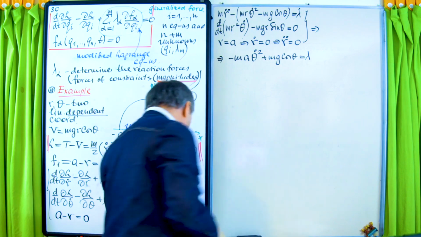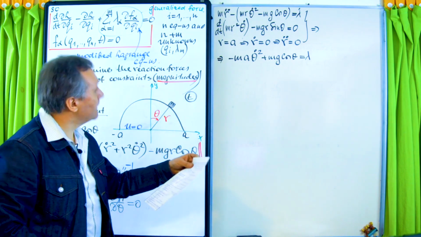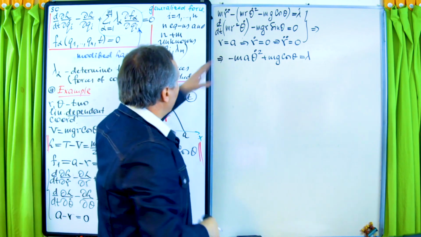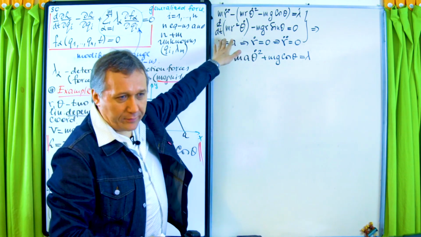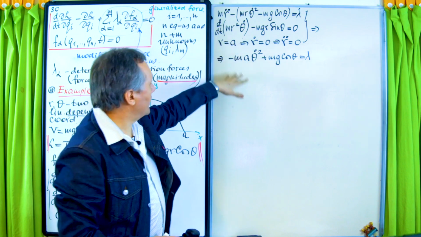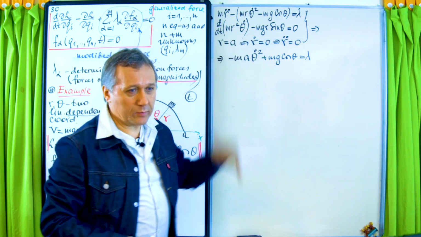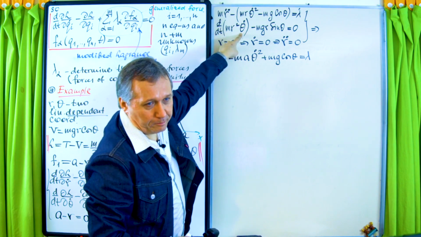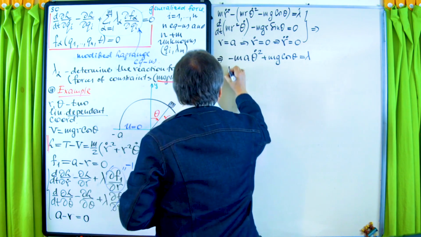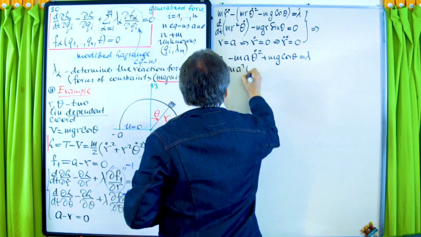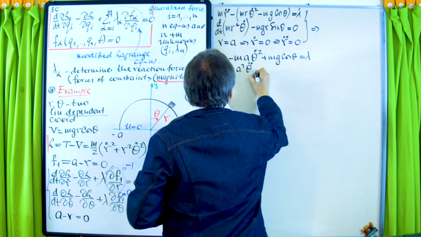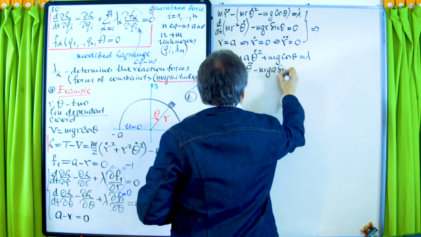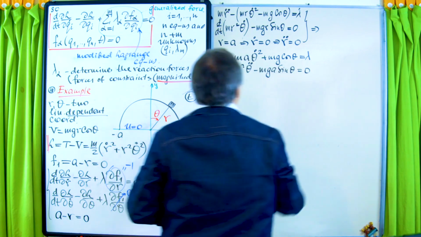Okay, let me check if I'm getting what I'm supposed to get. Yeah. So now the second. Of course, you can open it by differentiating with respect to time, but it will be the same. So I will get m a squared theta double dot minus mga sine theta equals 0.